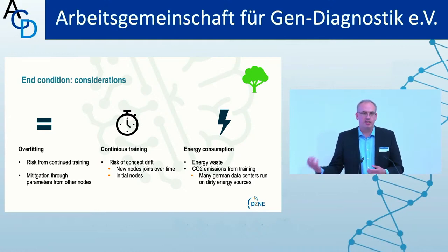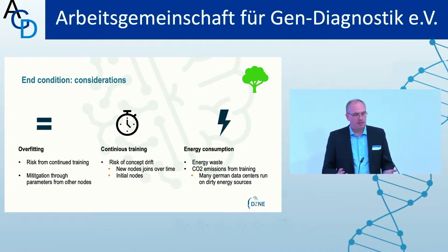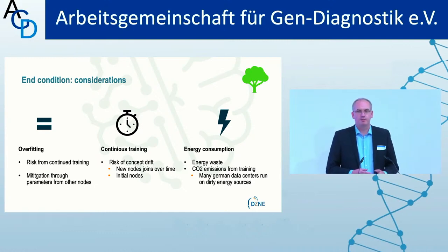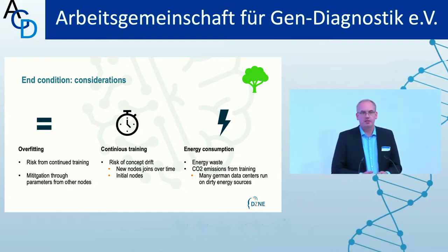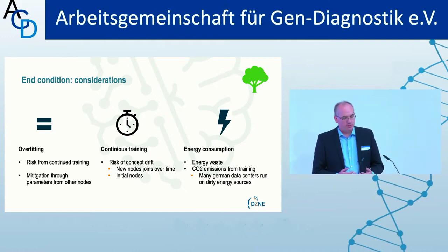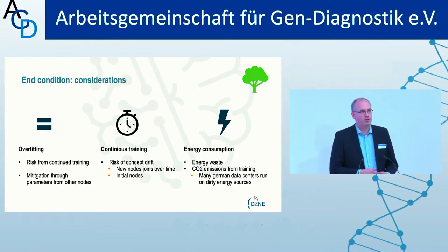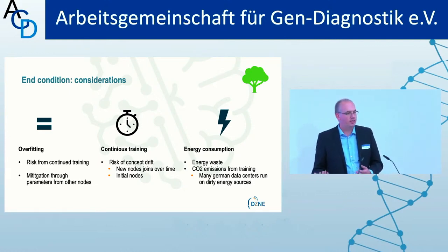The final point about the training. It's nice to train your model for a long time and maybe wait for new data to arrive, but we have to talk about energy consumption. This is not only a recent issue, but recently it has become much more important. Training a model takes a lot of energy. There are a number of things you can do. First of all, minimize the training time that you need.